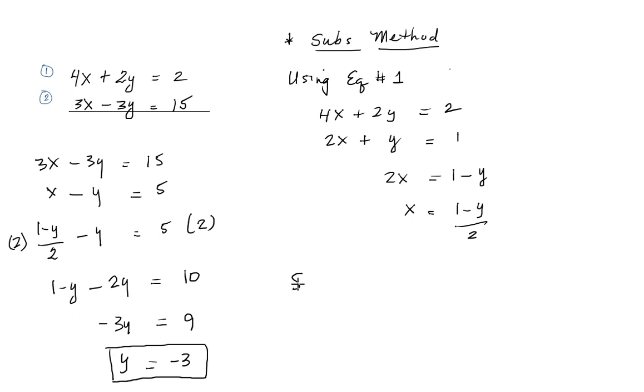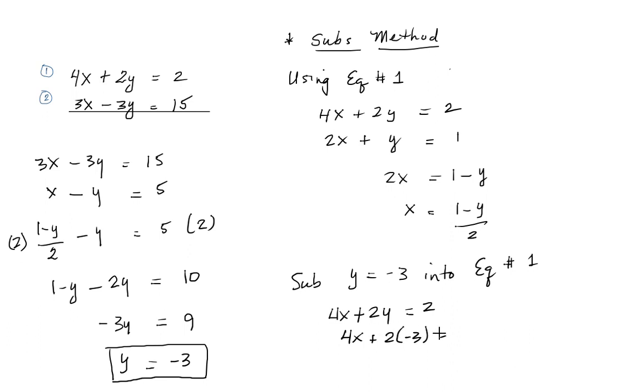Now I'm going to substitute y is equal to minus 3, and I'm going to put it into any of the equations. Let's choose equation 1. Equation 1 says 4x plus 2y is equal to 2. So this is going to be 4x plus 2 times minus 3 is equal to 2.